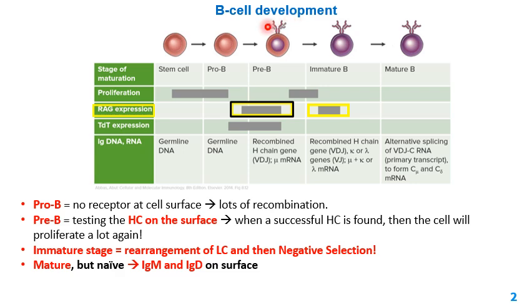So you get your surrogate light chain over there, and if it interacts with your heavy chain, that tells the cell that your heavy chain is functional, okay? This is happening at your pre-B stage. So pre-B, you have heavy chain, you have your fake light chain, right?